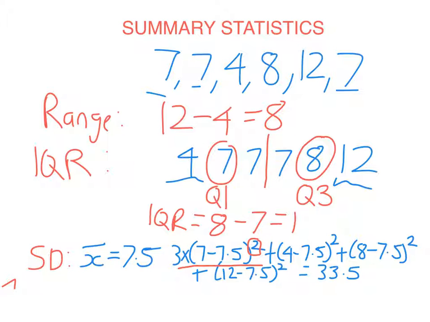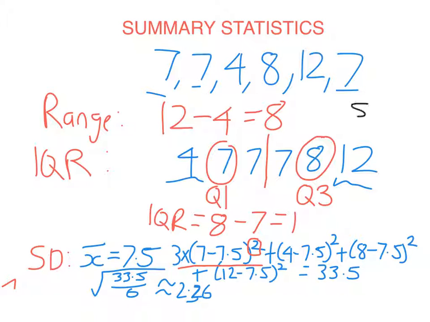So then to find the standard deviation, it's going to be the square root of the sum of squares divided by the number of scores. So if I put that on my calculator, I get about 2.36. So that basically means that on average, each score was 2.36 away from the mean. That's just a crude way to look at it.